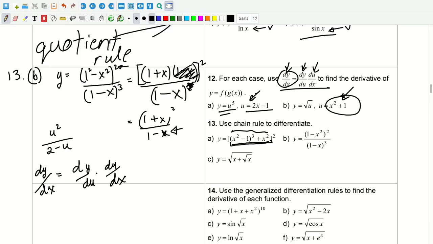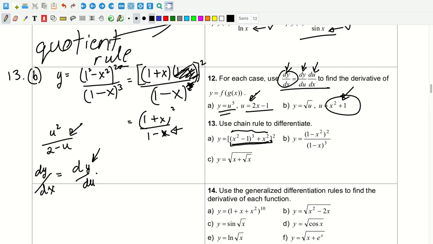If u equals 1 plus x, du/dx is just 1, because it's the derivative of x. So our answer is just this, and then substituting u for x.